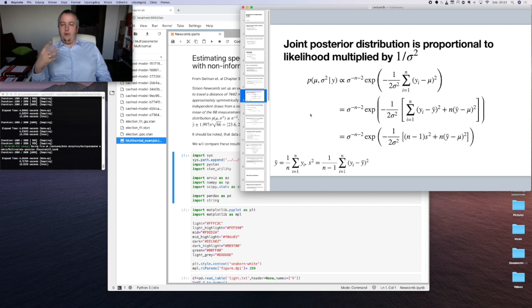exponential of normal distribution. Each of these events is assumed to be independently distributed, so we can compute our likelihood as a multiplication of likelihoods for each of the samples. And because our normal distribution is an exponential distribution, we can multiply multiple normal distributions by getting in an exponent a sum of all those exponents.